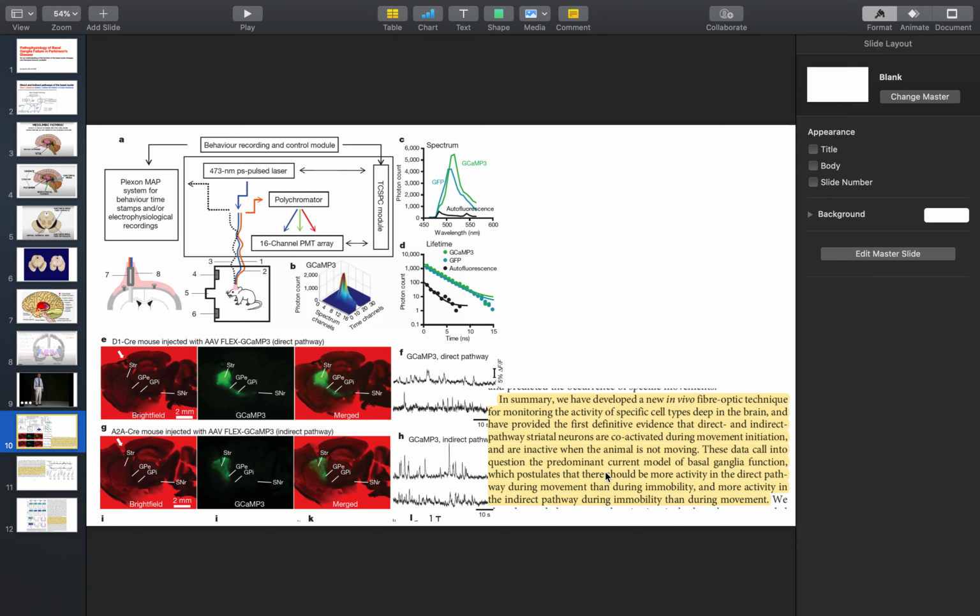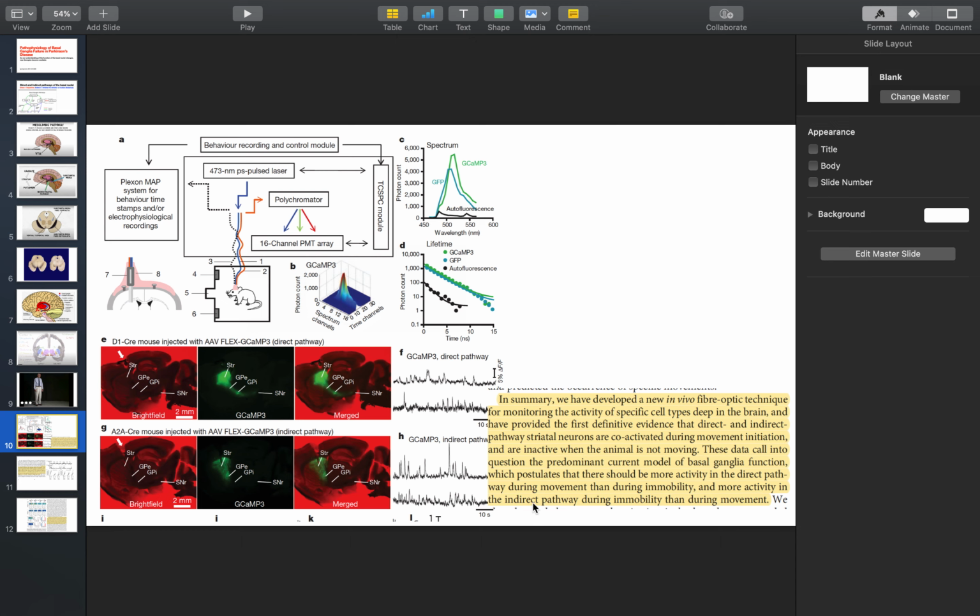These data call into question the predominant current model of basal ganglia function, which postulates there should be more activity in the direct pathway during movement than during immobility, and more activity in the indirect pathway during immobility than during movement.